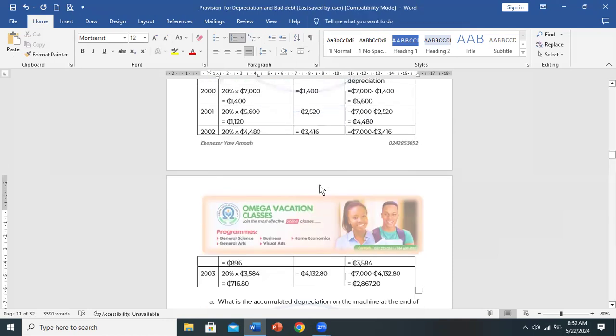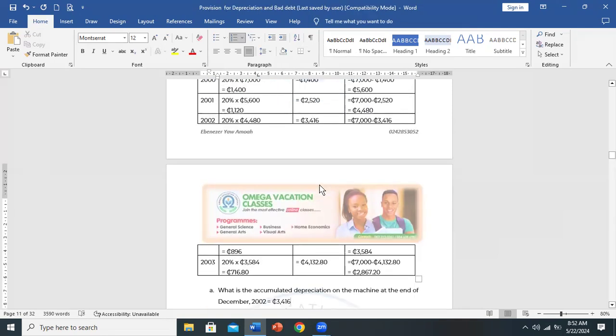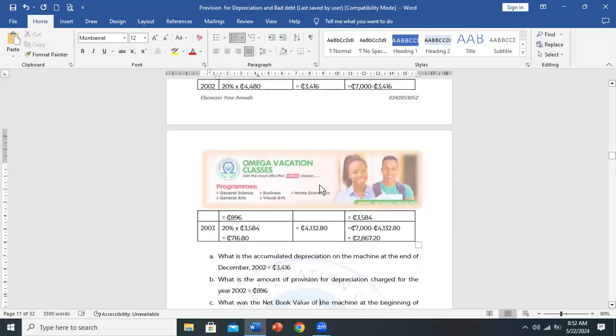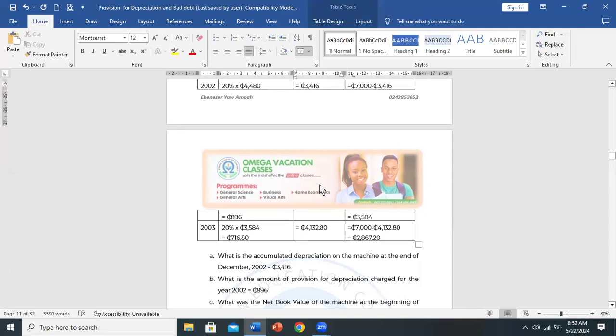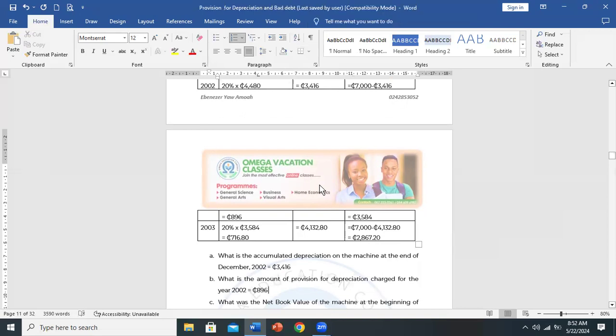So when you're able to do the table, the question becomes a bit simple. The B says, what is the amount of provision for depreciation charged for the year 2002. So they're only asking how much depreciation we charged in the year 2002. And I think that was the 896,000.